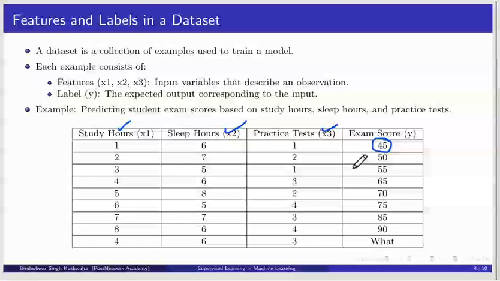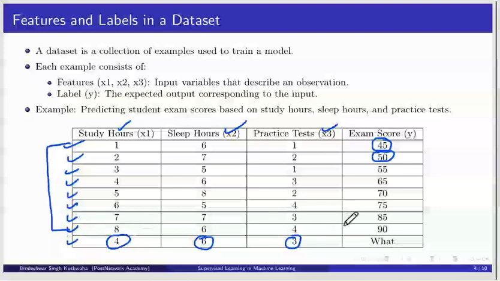The same way you took the second data row and taught the machine, third, fourth, fifth, sixth, seventh and eighth. But in the last row you just provided study hours, sleep hours and practice test, and you are asking what you have learned from this data. So just predict what the label would be, that means the value of y, or f(x).